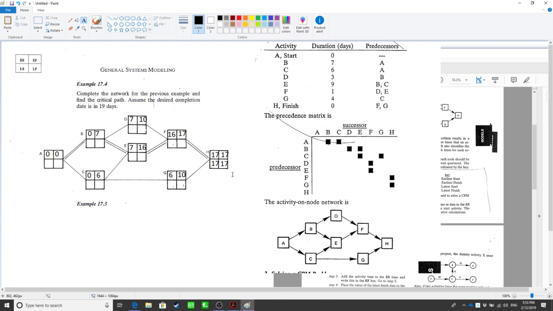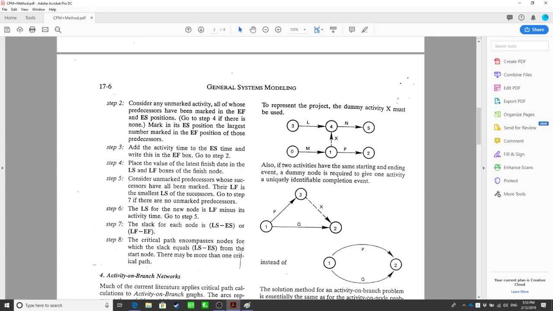So we go backward. This time we go backward. Okay. We find all the predecessors of H, which are, yes, exactly, F and G. And then for F and G, the latest finish time is the smallest latest start time of the successors.